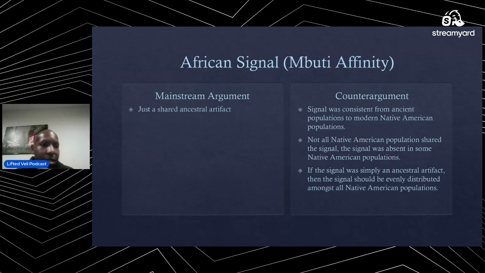Mainstream argument is that it was just a shared ancestral artifact. Counter argument is the signal was consistent from ancient populations to modern Native American populations. Not all Native American populations shared the signal. The signal was absent in some Native American populations. If the signal was simply an ancestral artifact, then the signal should be evenly distributed amongst all Native American populations. Normally that's how it goes.